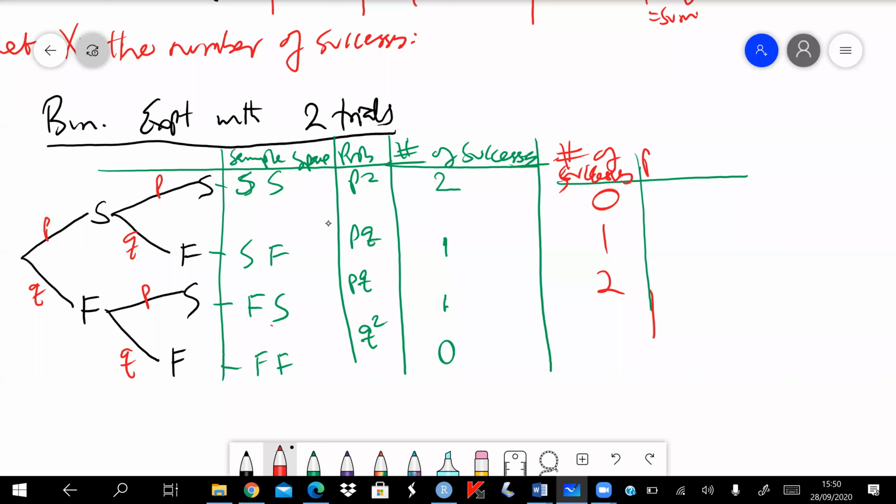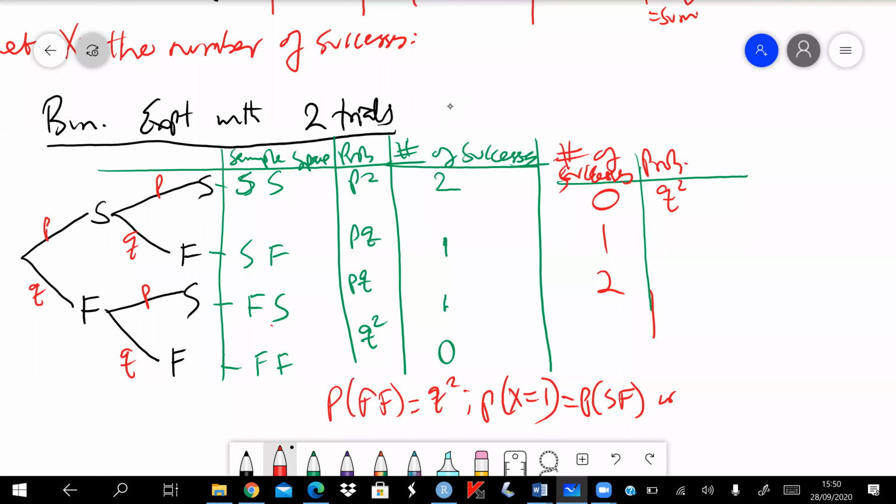Then the probabilities. The probability of having no success is the same as the probability of having F and F, which we have said is Q squared. Okay. The probability of getting 1 success is the same as the probability that X is equal to 1. The probability that X is equal to 1 is given by the probability of SF or the probability of FS.